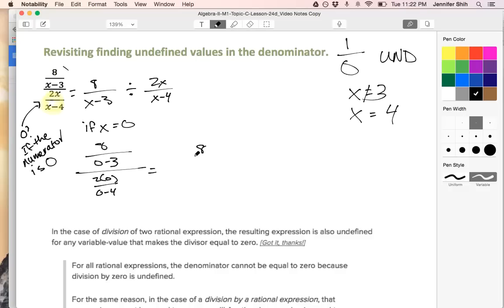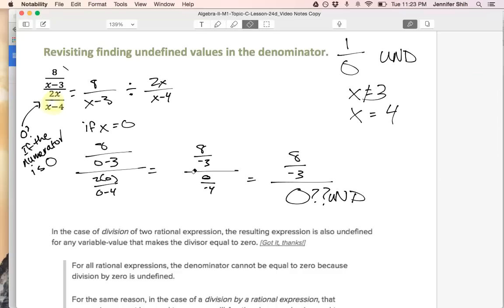That simplifies to 8 over negative 3 over 0 over negative 4. 0 over negative 4 is equal to 0. Then we'd have 8 over negative 3 over 0? No, that's undefined. Therefore, we cannot have the numerator of our divisor equal to 0 as well.